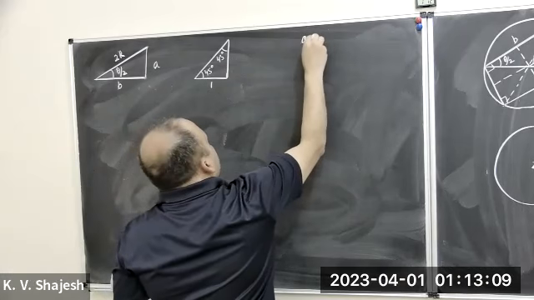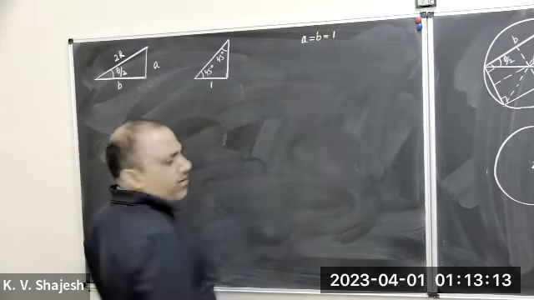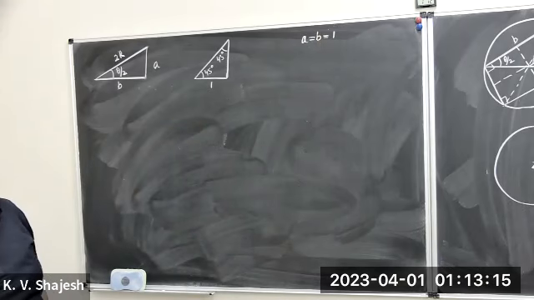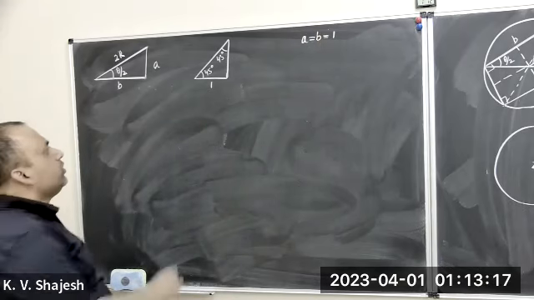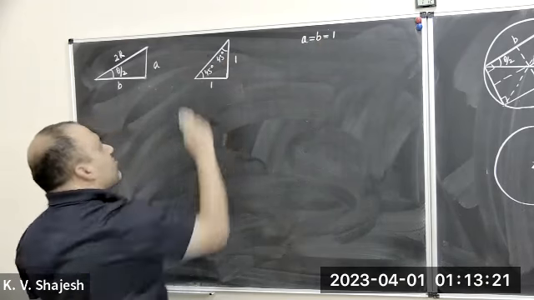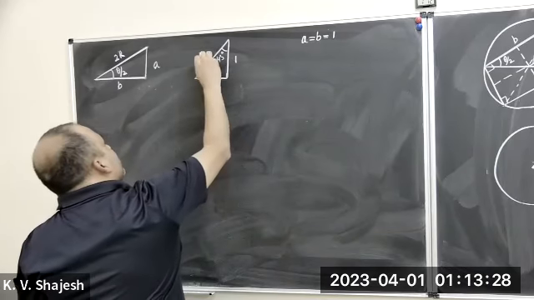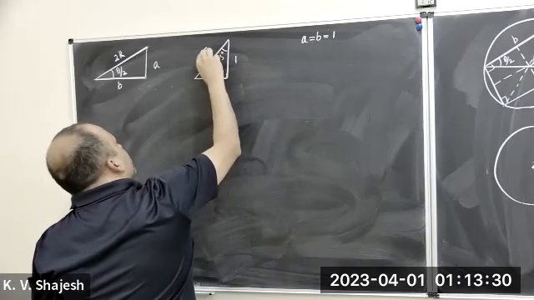So if A is equal to B, let me also set that to 1. I don't have to, but I can set that to 1 if I want to. So that's 1, this is 1. And what is this distance? Hypotenuse? Root 2, right? 1 square plus 1 square, and then the square root, so that's √2.